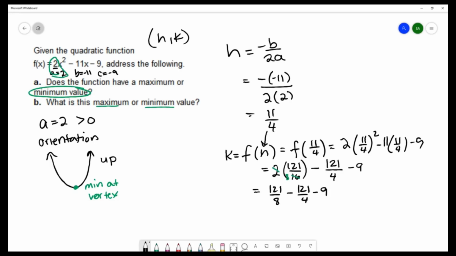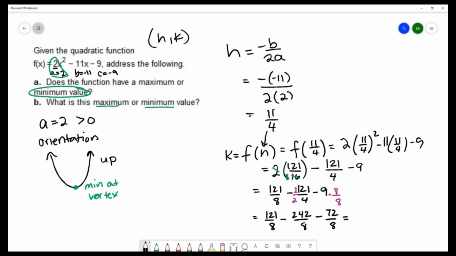And to combine these together, I would need a common denominator. So I'm going to multiply the 121 over 4 by 2 over 2 to create a common denominator of 8. And I'll multiply the 9 by 8 over 8 to create that common denominator of 8. That's going to give 121 over 8 minus 242 over 8 minus 72 over 8.